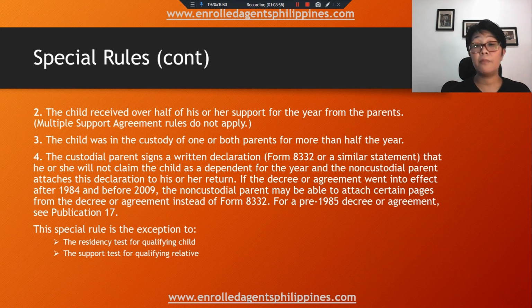If the decree or agreement went into effect after 1984 and before 2009, the non-custodial parent may be able to attach certain pages from the decree or agreement instead of Form 8332. For a pre-1985 decree or agreement, see Publication 17.